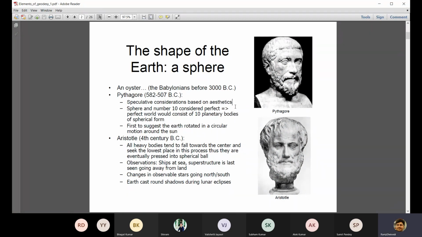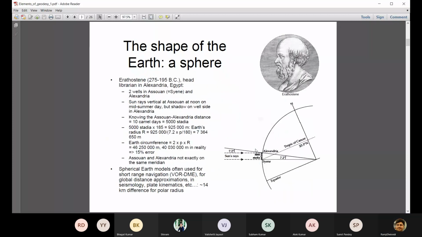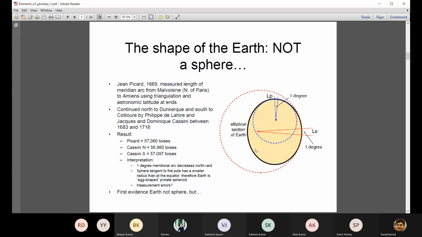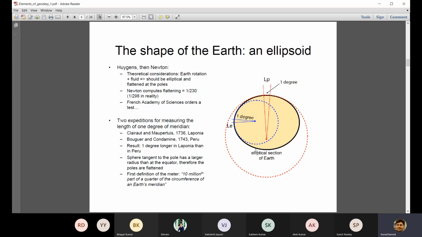Initially, people started talking about the sphere, then the evolution up to the ellipsoid took place. And when it was decided that our Earth is an ellipsoid, pressed from the poles and elongated at the equator, we gradually move towards finding the mathematical surface.